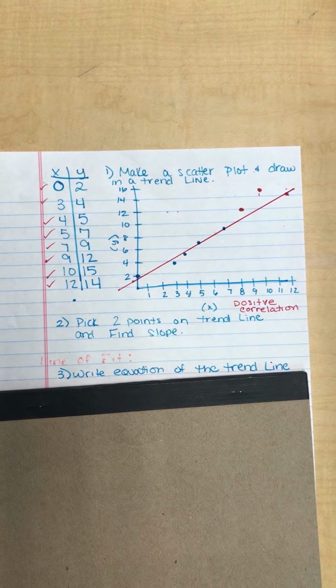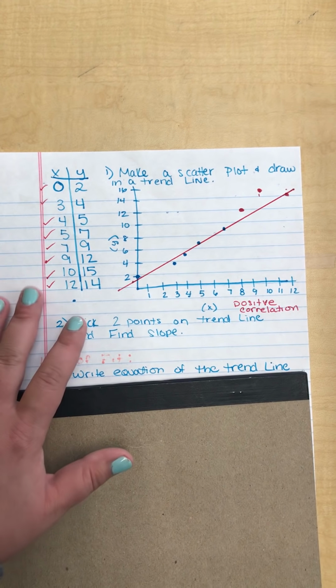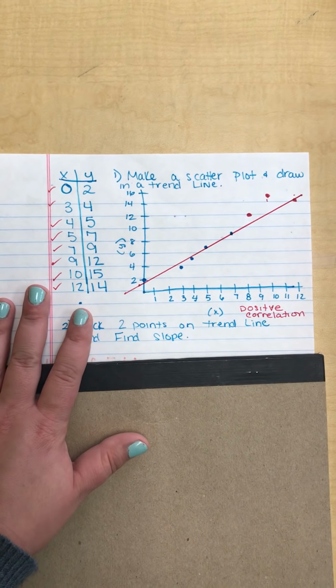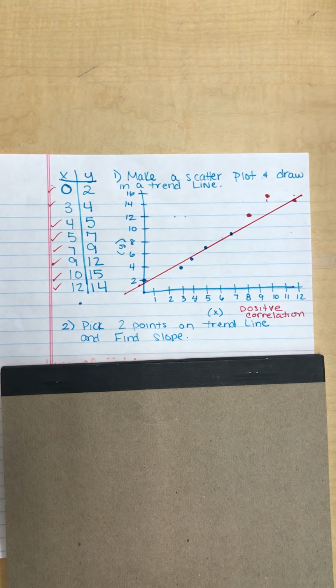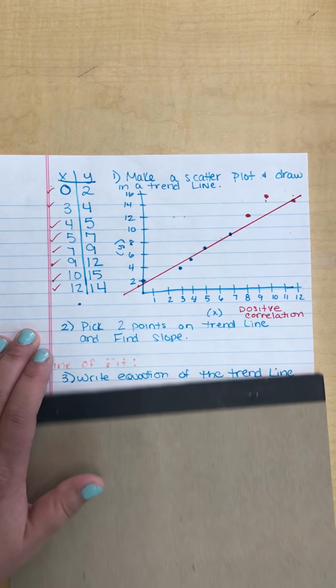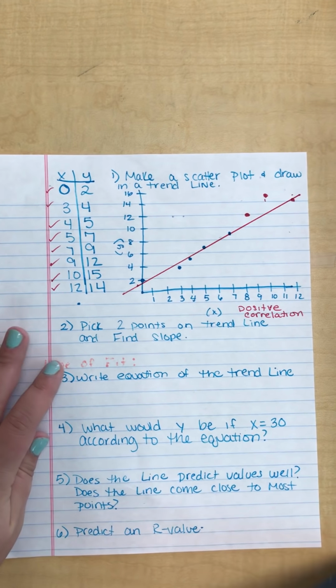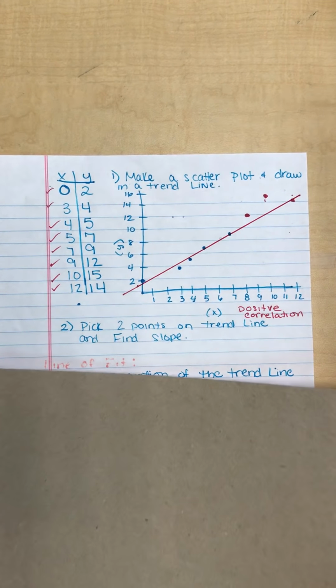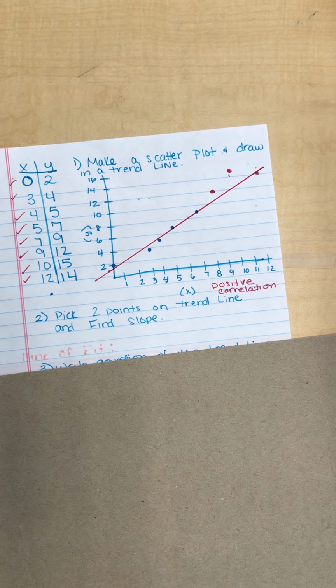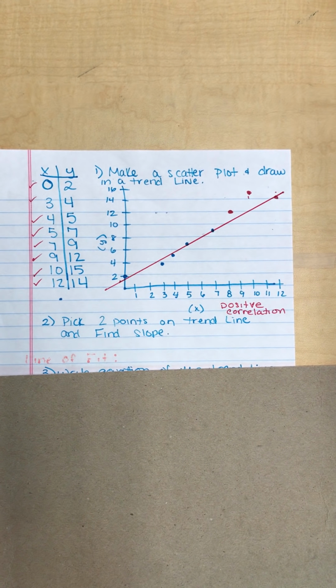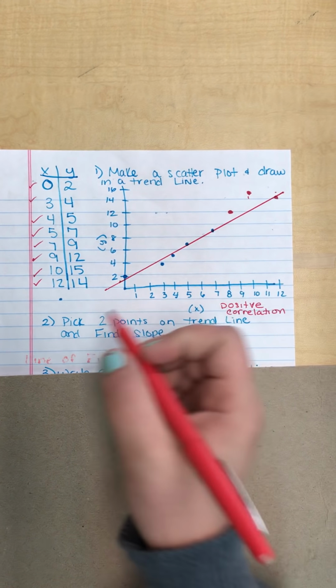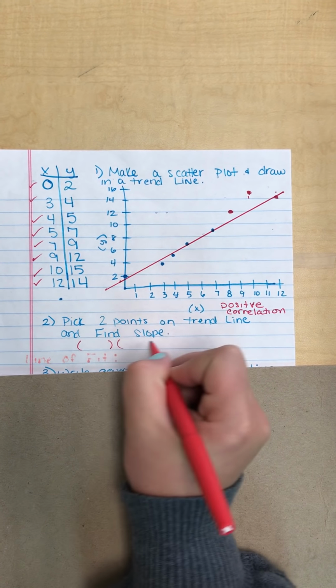So I put it right there. If you notice, does it hit every point? Absolutely not. Okay, it's not going to hit every point because a scatter plot is not 100% perfect. And we'll talk about what that means in a second of when it's not completely perfect. Okay, so we want to pick 2 points on the trend line, and then we're going to find the slope. Okay, so far we've decided that this is a positive correlation. So now we need to pick 2 points that actually fell on our line.